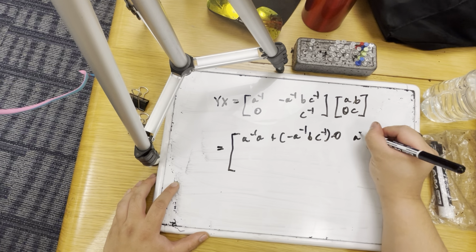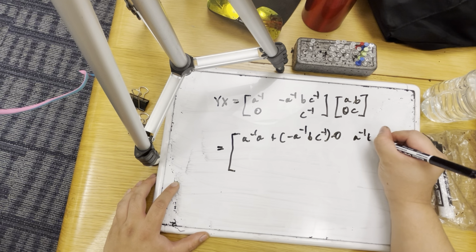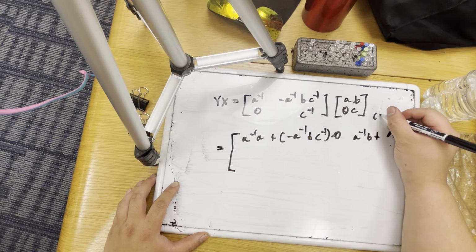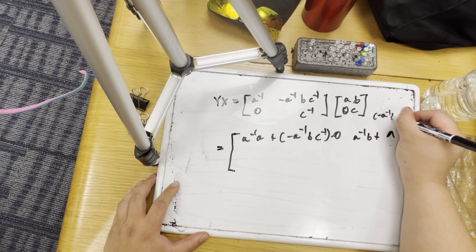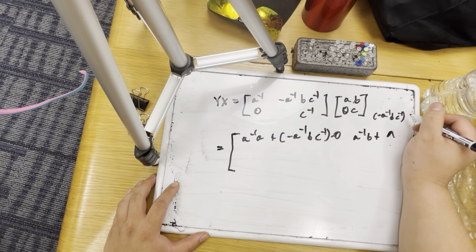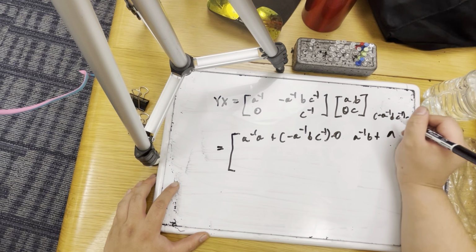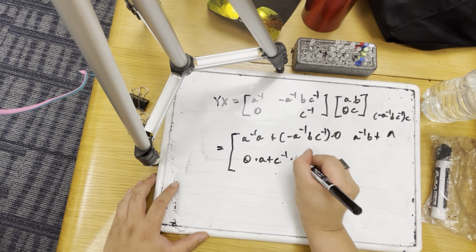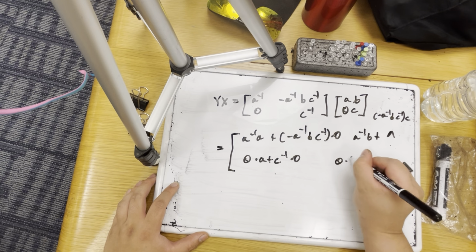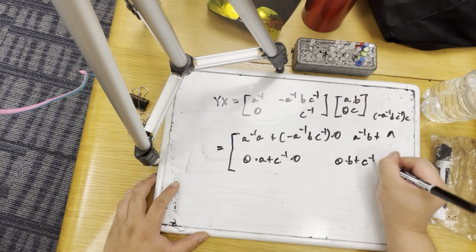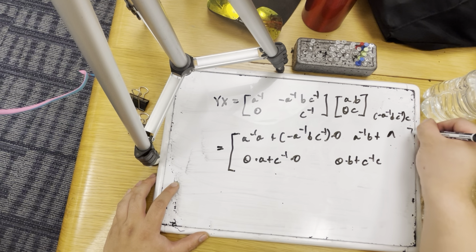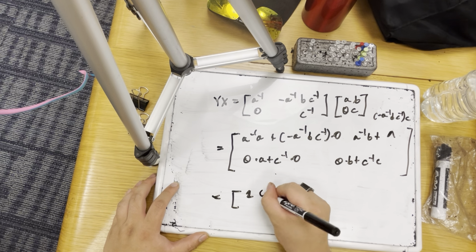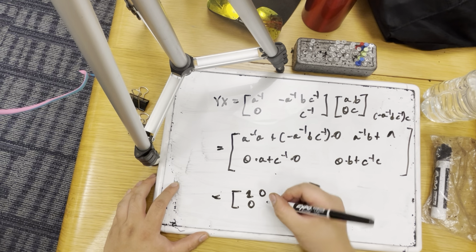Then for this side, inverse of A times B plus, open parentheses, negative inverse of A times B times inverse of C, close parentheses times C, and then we have 0 times A plus inverse of C times 0, then 0 times B plus inverse of C times C, right? And what does that get us? Well, it simplifies out to the identity matrix 1, 0, 0, 1.